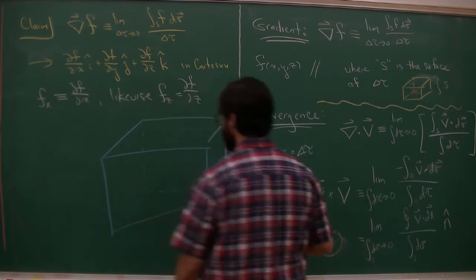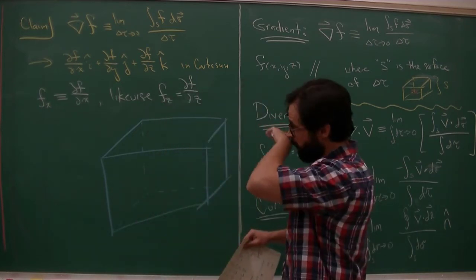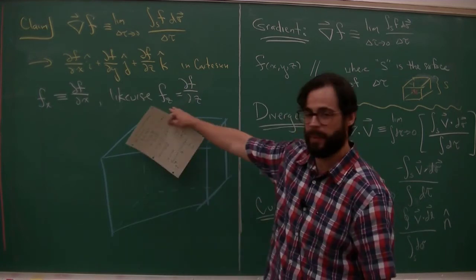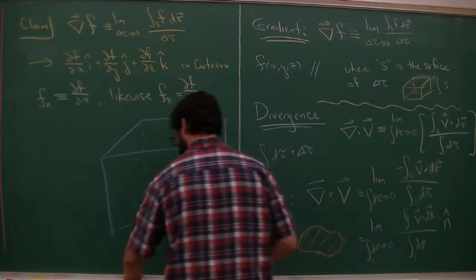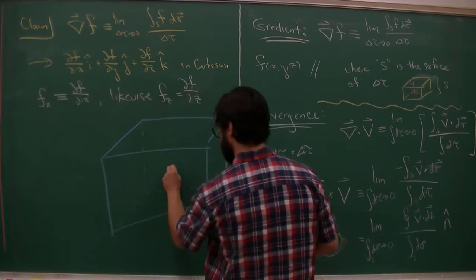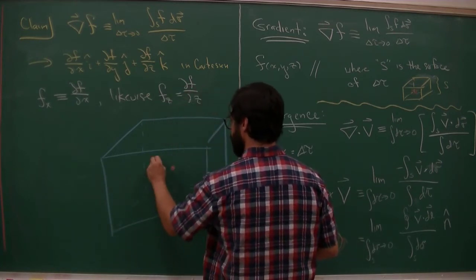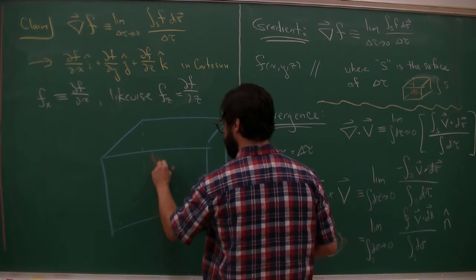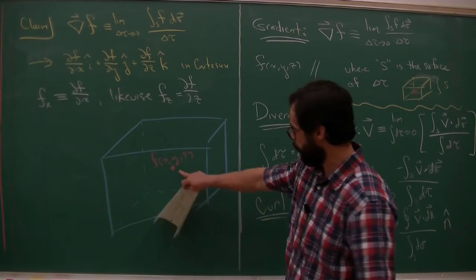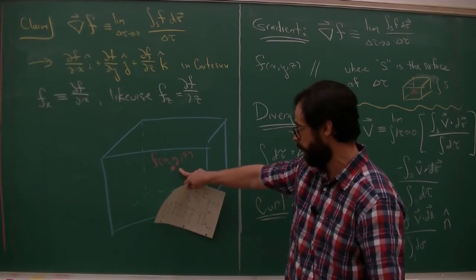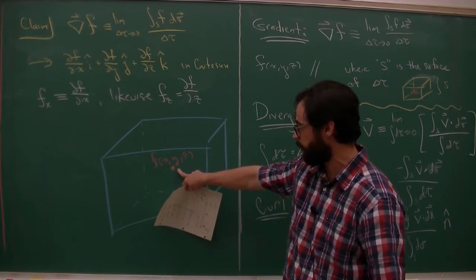Okay, so what we're going to do essentially is use Taylor's theorem in multiple dimensions, and we'll do this a lot. Imagine, if you will, that I put a dot in the center of this box, the function evaluated there is f, and the point itself is x, y, z.